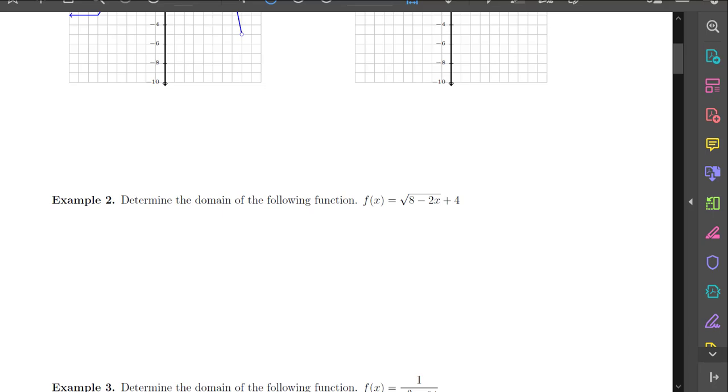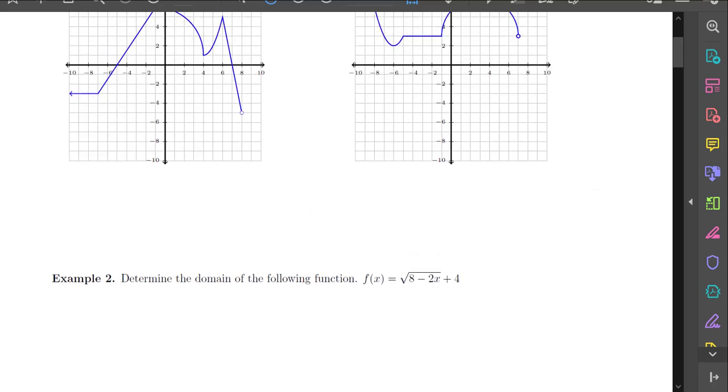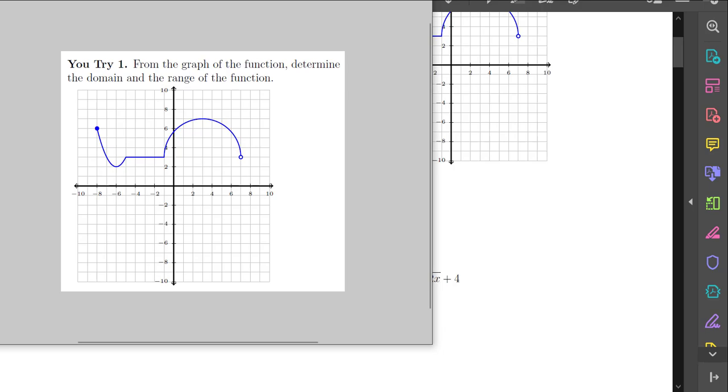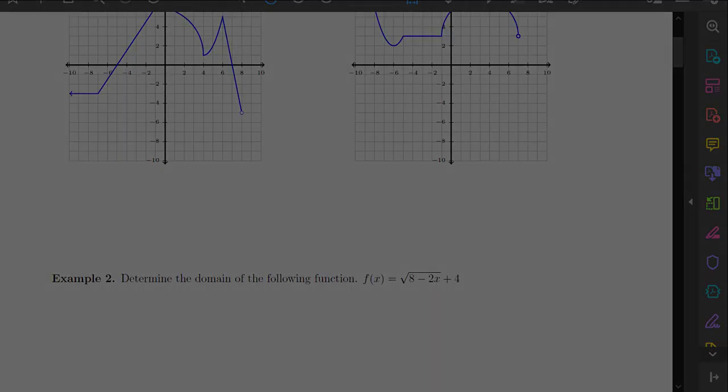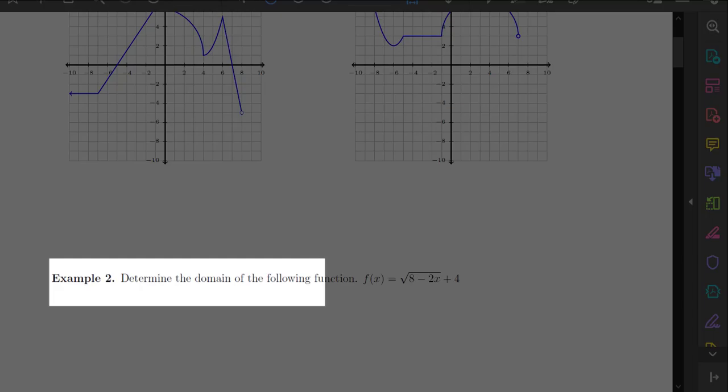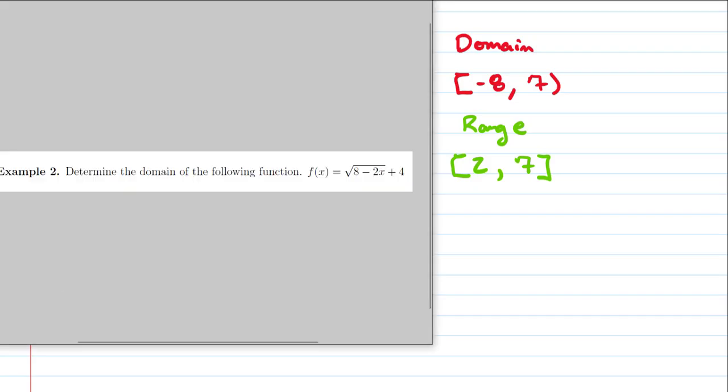All right. So now we want to talk about the domain, or just the domain of the following function.